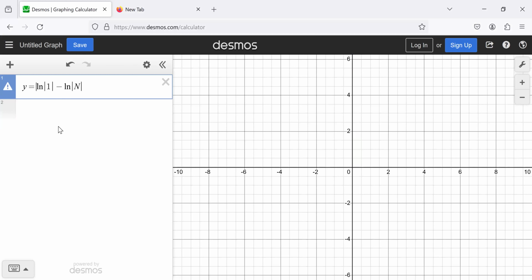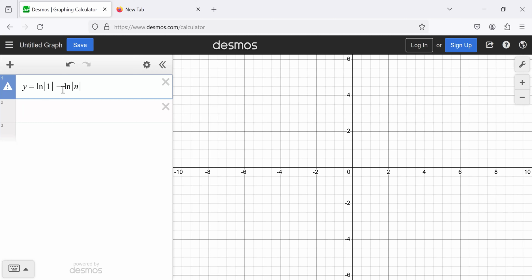And Desmos is going to be difficult. I was expecting it to create a slider for me so that I could let n approach 0.